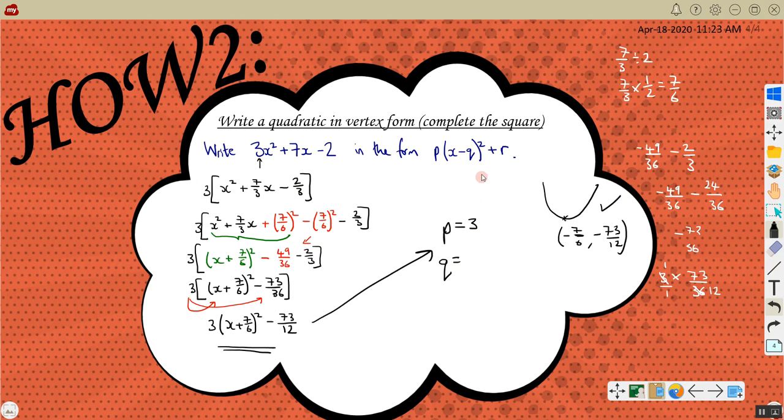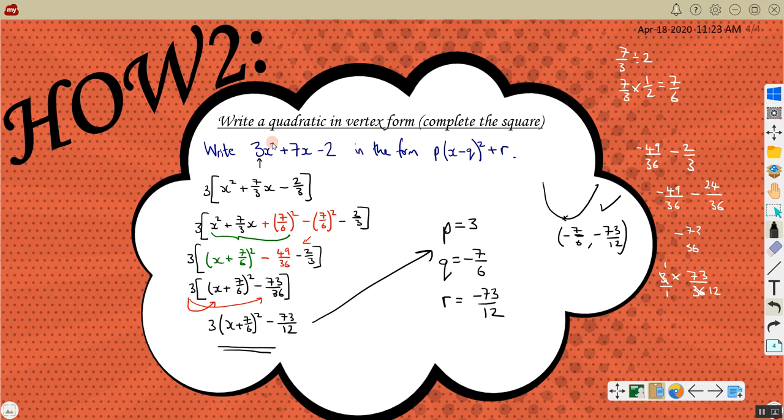The value of q here is negative 7 over 6, because if I was to put negative 7 over 6 into this, I end up with the positive value. And the value of r is negative 73 over 12.